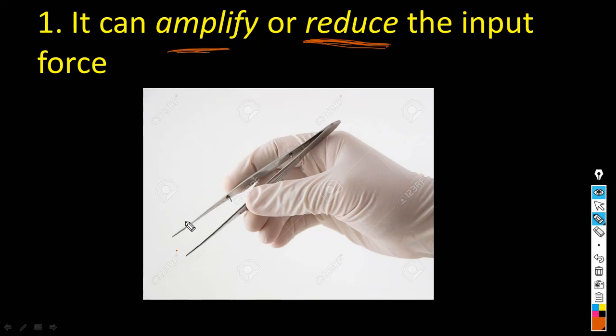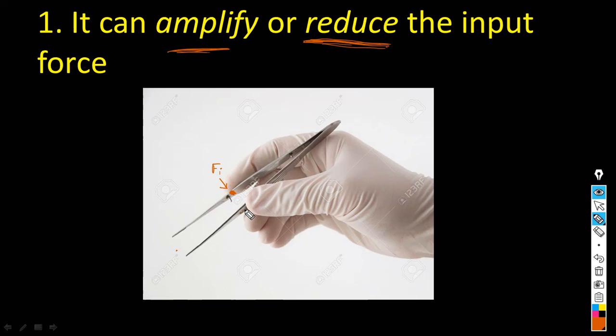We can use this thing, which is a simple machine. This is called tweezers, and the way in which you use it is this. The point of application of the input force is right here. If you notice, this finger applies a force right there in that direction. So there is an input force right there.